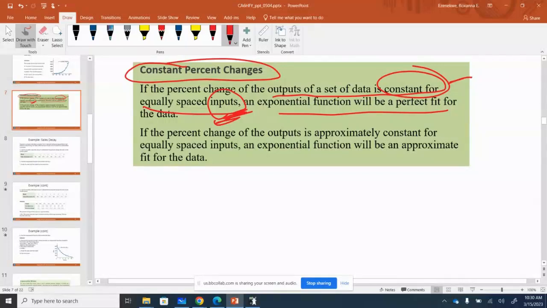Sometimes you are not given a calculator, and you are not even allowed to do a scatter plot exponential regression. You are given data, and you are told to find percent change, and use your percent change to determine if that data is exponential. So that's what we're going to talk about now. If the percent change of the outputs is approximately constant for equally spaced inputs, an exponential function will be approximate. So it could be approximate.